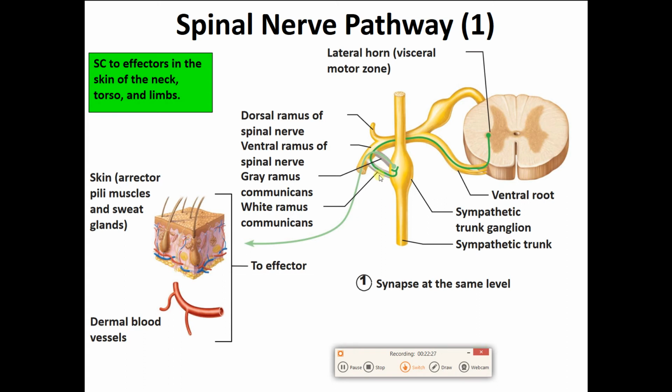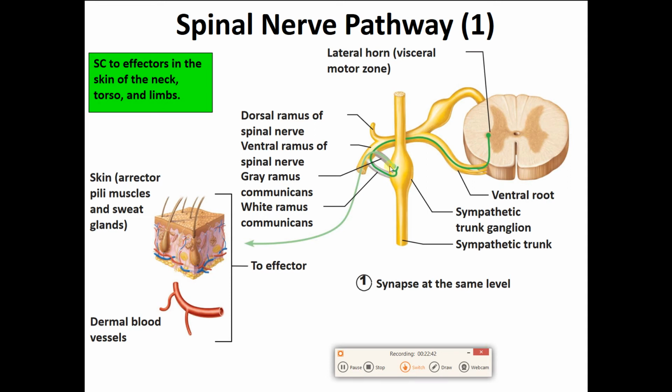Remember, the first neuron in our pathway, the preganglionic, is myelinated. That's why we're using the word white here to describe the white ramus communicans. And that's where our first neuron's going to go to get to the ganglion.